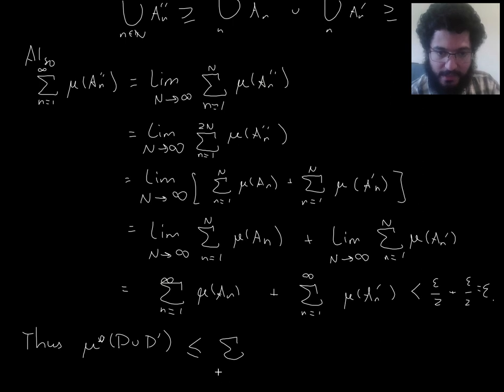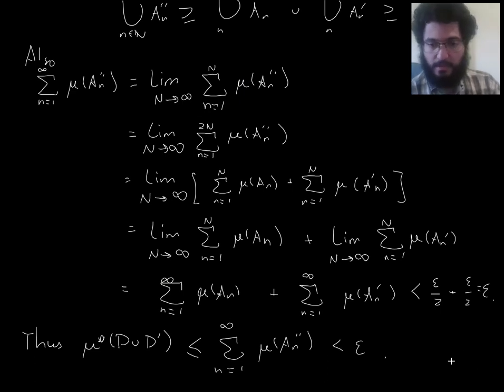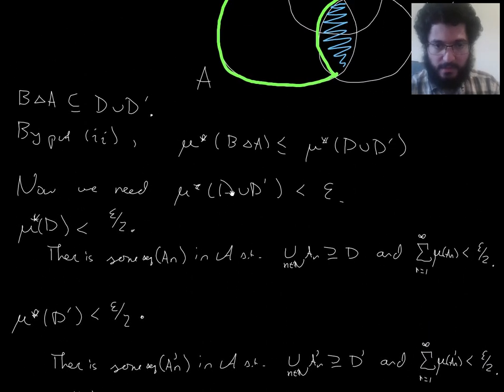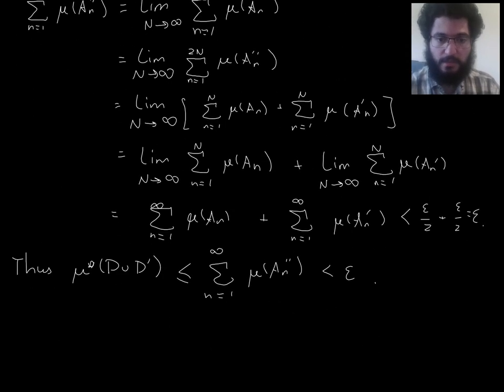This is the infimum, so it's less than or equal to this thing, which is less than epsilon. And I think we are done, because remember, we were trying to show mu star of this symmetric difference is less than epsilon, but we showed that it's less than this thing, which we have now shown is less than epsilon. So we are done proving this proposition.